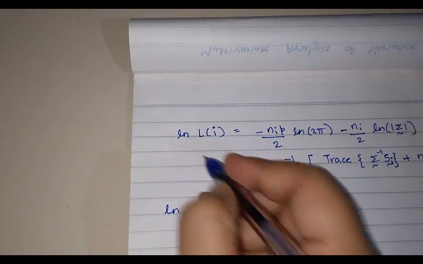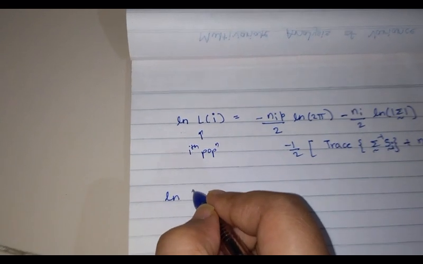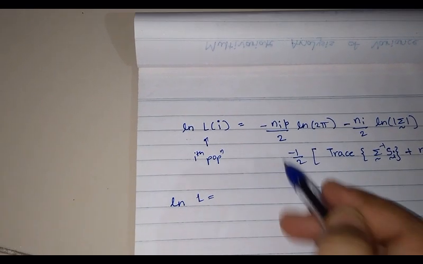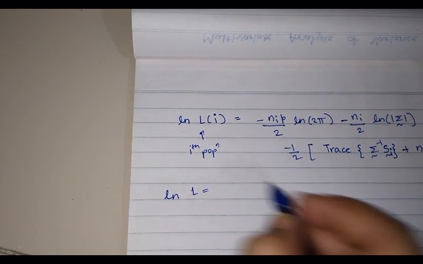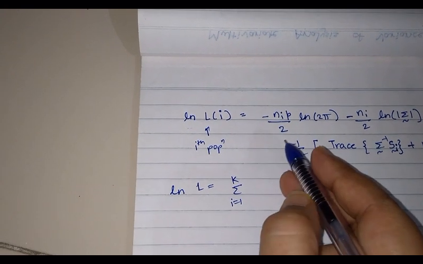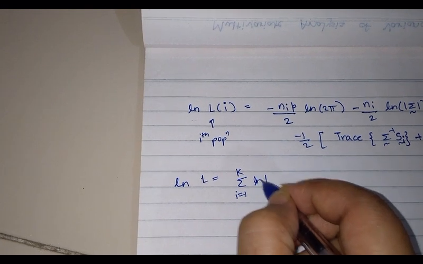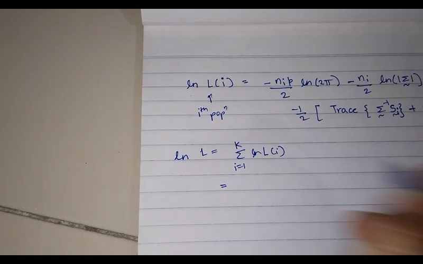So this is the log likelihood for the ith population. The overall log likelihood would be the sum over all these, so the sum over i going from 1 to k of ln L_i.